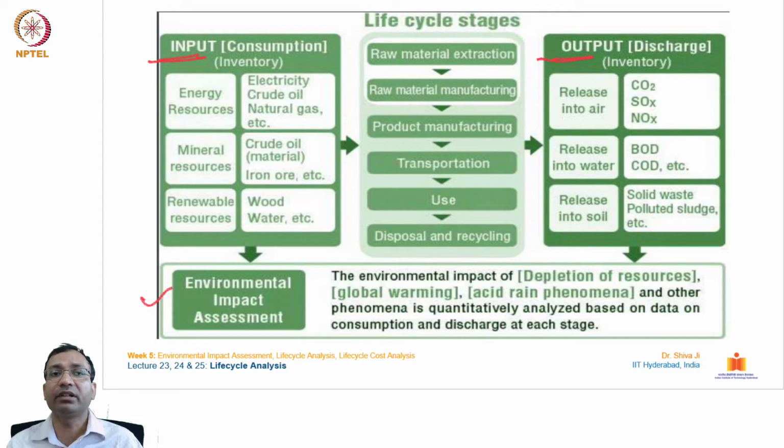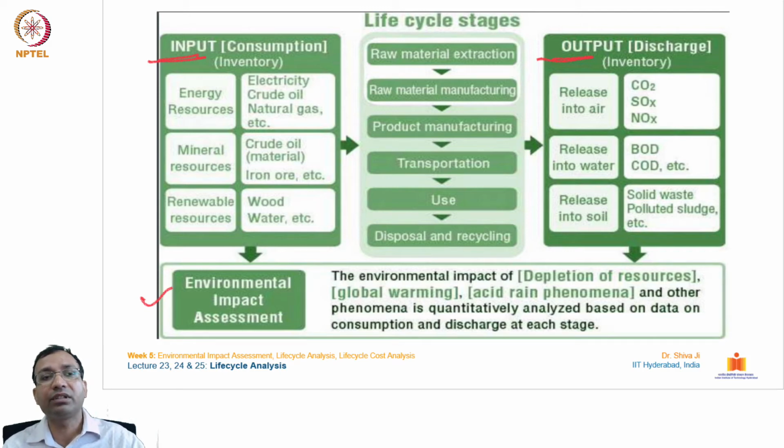Its output releases any number of gases and liquid effluents, then solid effluents, solid waste material, and things like that. If we compare this with environmental impact assessment, there are impacts at all three stages of the LCA.